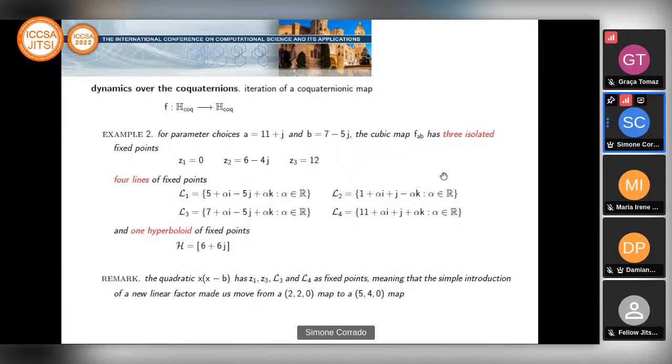This means that for this family of cubic maps, so simple, we could already say that the idea of non-coexistence of lines and hyperboloids of fixed points is not valid. Maybe it's valid, we don't know, for quadratic polynomials, but we have here an example showing that for cubic polynomials, there is no problem of having lines and hyperboloids of fixed points.